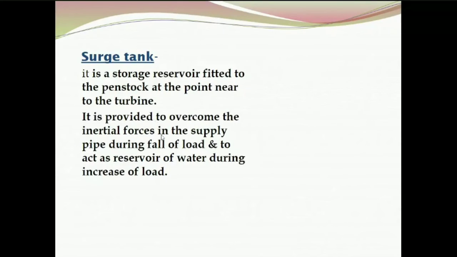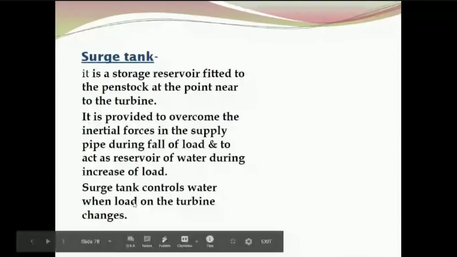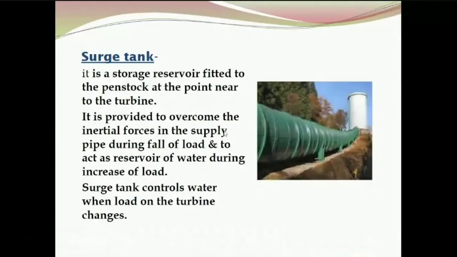So surge tank is such a reservoir where excess water will be stored, and whenever there is a sudden demand, water from the surge tank can be used to meet the sudden requirements. This is the purpose of the surge tank. Surge tank controls water when the load on the turbine changes. So this is a penstock pipe in which a surge tank is being constructed.